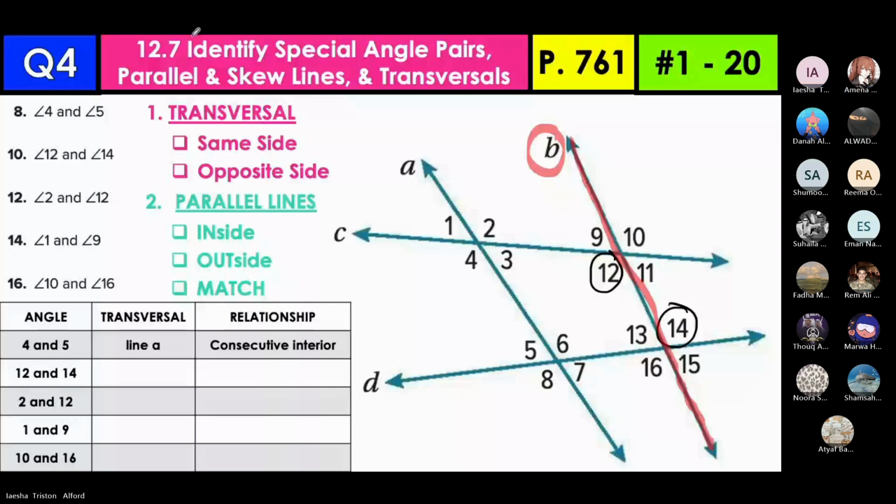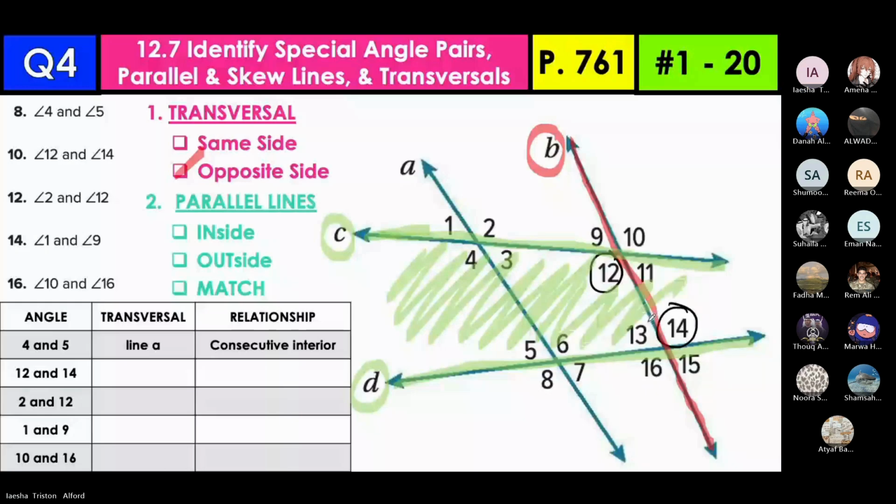Opposite side. What should be the parallel lines here? Should be C and D. 12 and 14, inside or outside of the parallel? Inside. So your name, alternate interior.